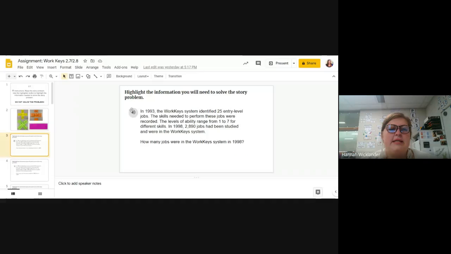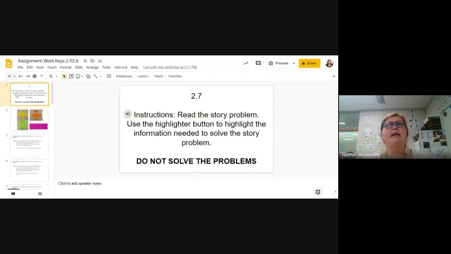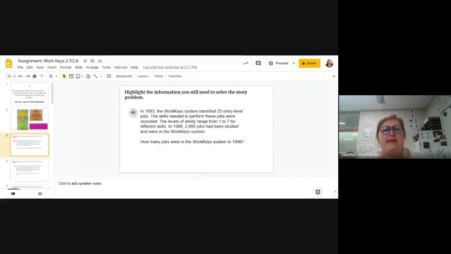And then if you just click the speaker and then the play button, it will play me reading the story problem to you. So if reading isn't your strong suit, I will read the story problem to you. And then you just have to highlight what you think the information needed to solve the story problem is. So right here, highlight the information you will need to solve the story problem.